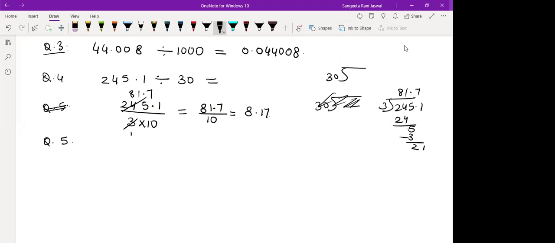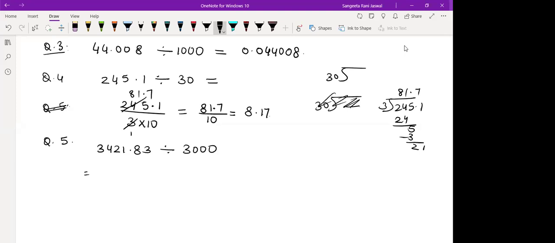Take another question. Same way, you have this one, 3421.83 divided by 3000. The same thing you can do like this, because 3000 is a big number, so you need not divide the whole thing by 3000.